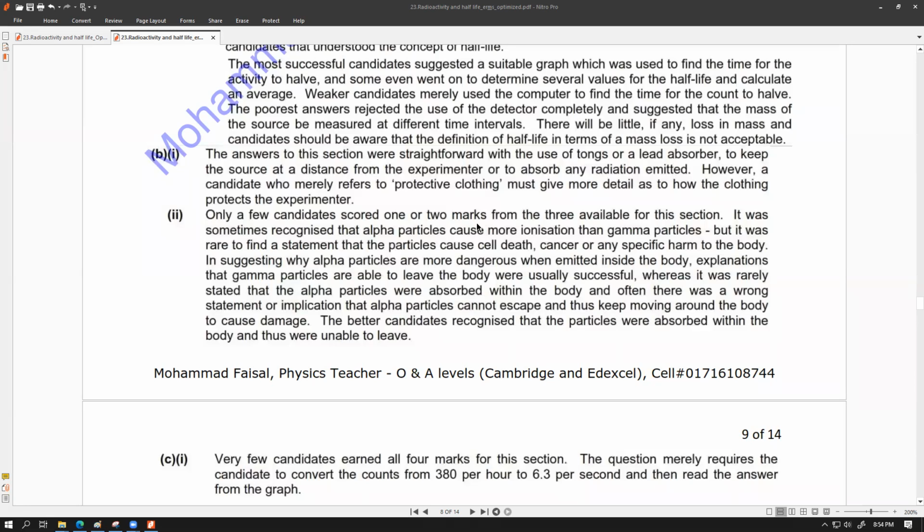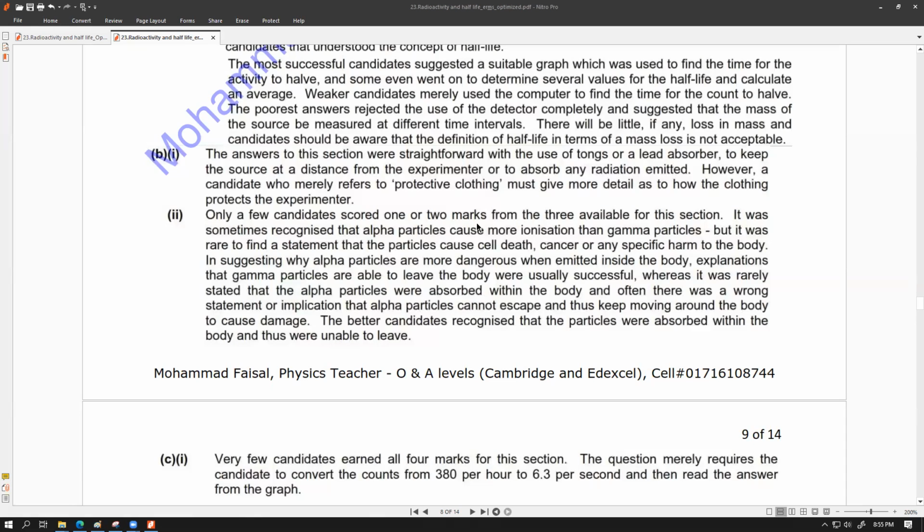Then it says only a few candidates scored 1 or 2 marks from the 3 available for this section. It was sometimes recognized that the alpha particles cause more ionization than the gamma particles, but it was rare to find a statement that the particles cause cell death, cancer, or any specific harm to the body. Many of the students did not write about the end output of the whole radiation problem. In suggesting why alpha particles are more dangerous when emitted inside the body, explanations that gamma particles were able to leave the body were usually successful, whereas it was rarely stated that alpha particles were absorbed within the body, and often there was a wrong statement or implication that alpha particles cannot escape, thus keep moving around the body to cause damage.